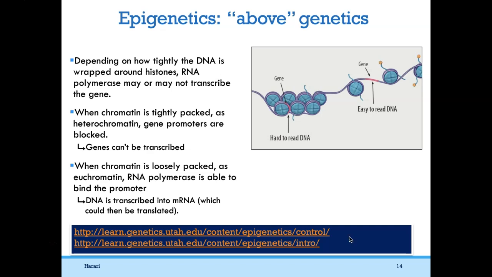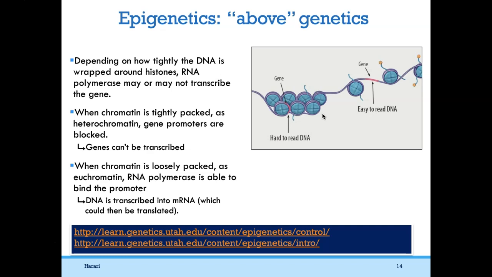And what you could do is you could control how tightly the GFP gene is wrapped around histones. And you would see that the tighter the GFP gene is wrapped around histones, the dimmer a cell would be, right? The less it would glow in the dark. And as you unwrap the DNA, then the gene would be able to be transcribed into the functional GFP protein, which stands for green fluorescent protein, something that comes from jellyfish.